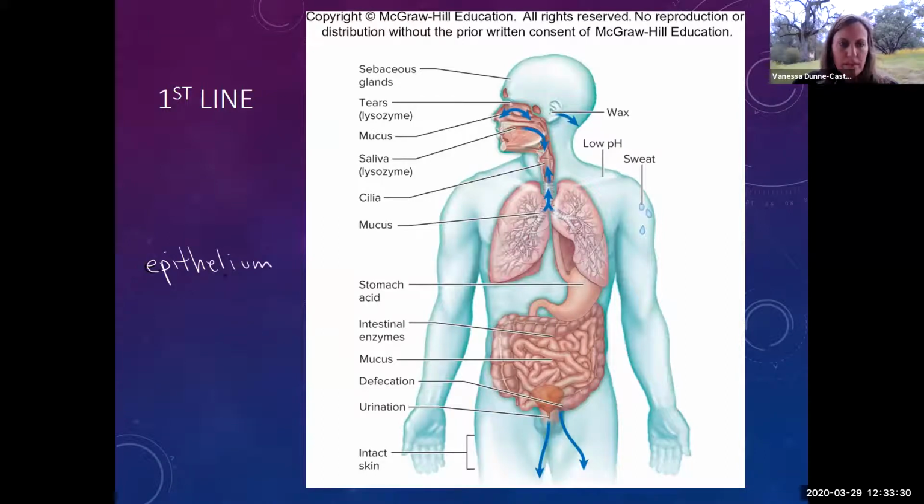Or epithelial layer is the layer of cells separating the outside from the inside.